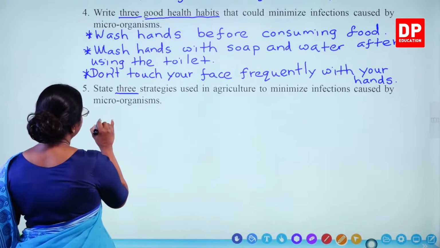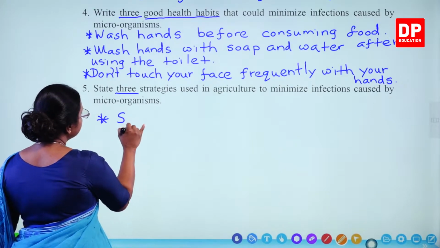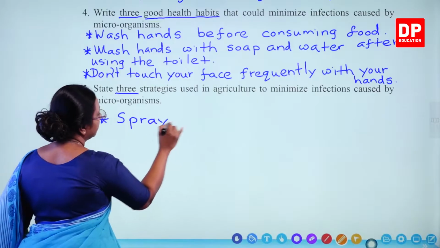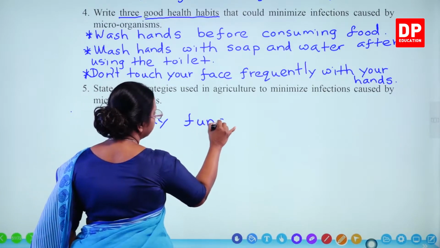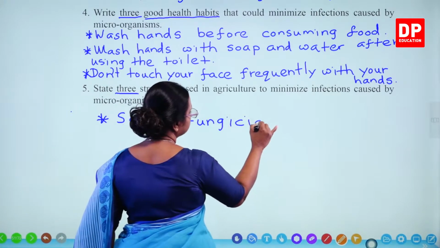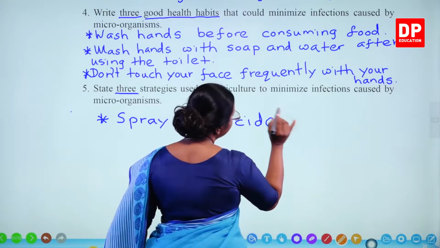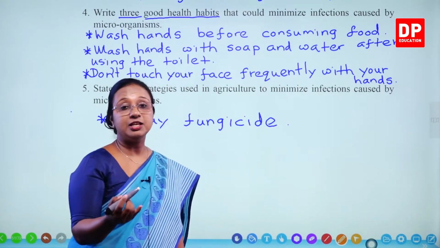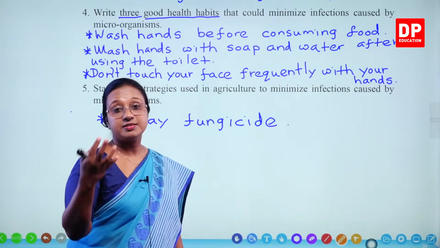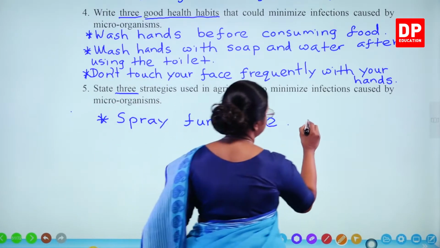So the first one I can say spray fungicide. With the same thing, I will include the addition of fungicide to soil during preparation.